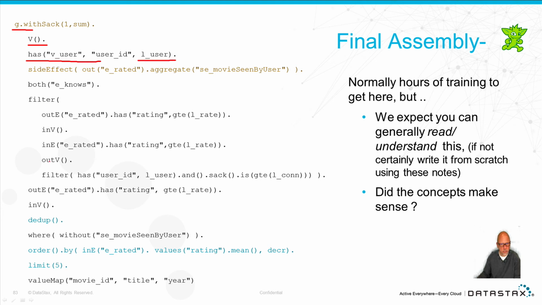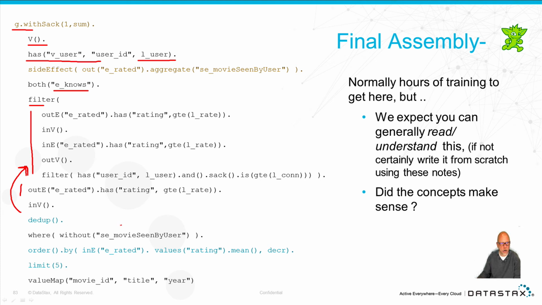Side effect. The side effect starts here. I'm getting the users, and I'm going to call it movies seen by user. Remember that user U1 knows 4 dudes and only 1 dude knows him. I filter out the high-rated movies. This gives me the high-rated movies that my friends have seen.